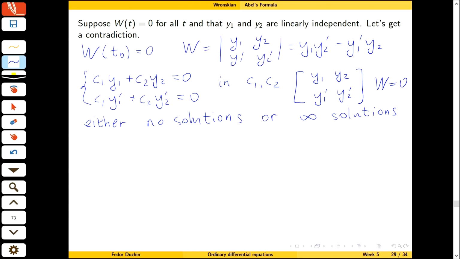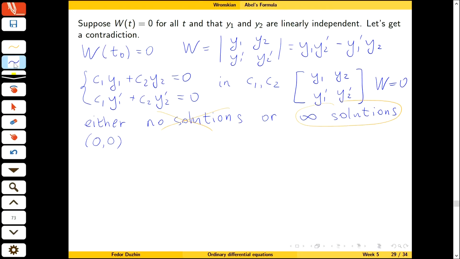So notice that 0, 0 is a solution, because if C1 is 0 and C2 is 0, then the system is actually a true equality, right? So since it is a solution, the case of no solutions does not apply here, because there is at least one solution. But then it has to be this case, infinitely many solutions.